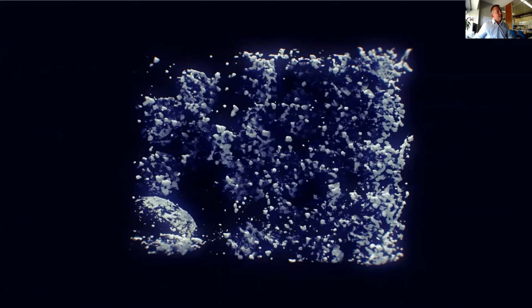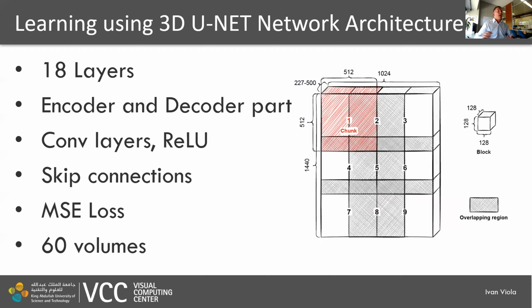Now, if we take these interpretations and use them for training the 3D-UNet, we will of course run into the problem that our volume, which is 1024 by 1440 times approximately 200 to 500 slices along the Z, is too large to cope with.